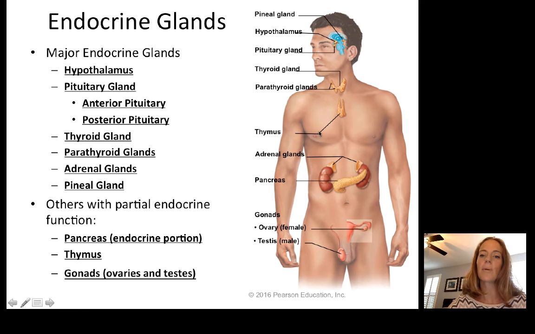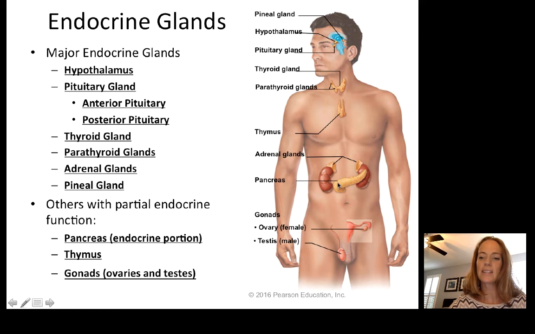And then we get to the peripheral endocrine organs. We have the thyroid gland located here in the neck region, and the tiny parathyroid glands that are on the back of the thyroid. We have the thymus gland that is not visible in adults but will be visible in babies and small children. The adrenal glands sit on top of the kidneys.